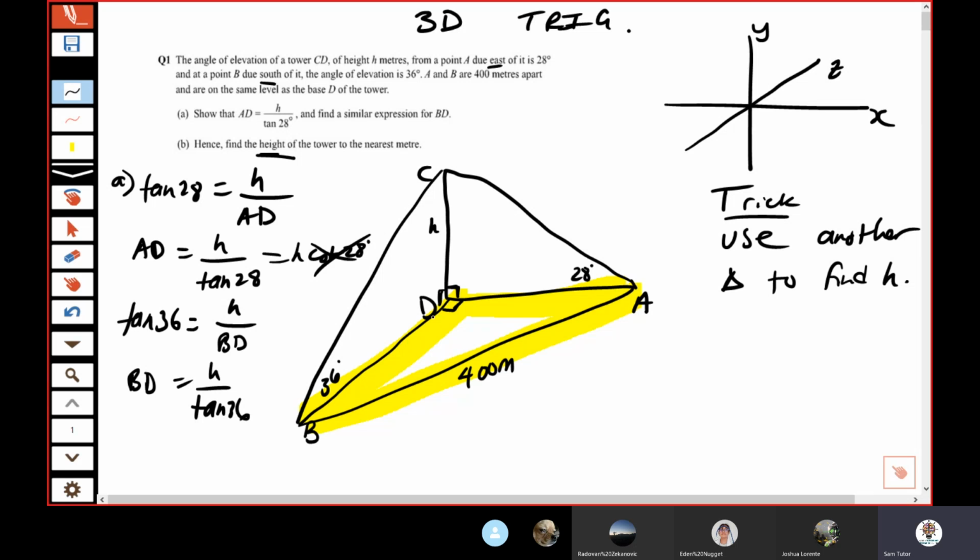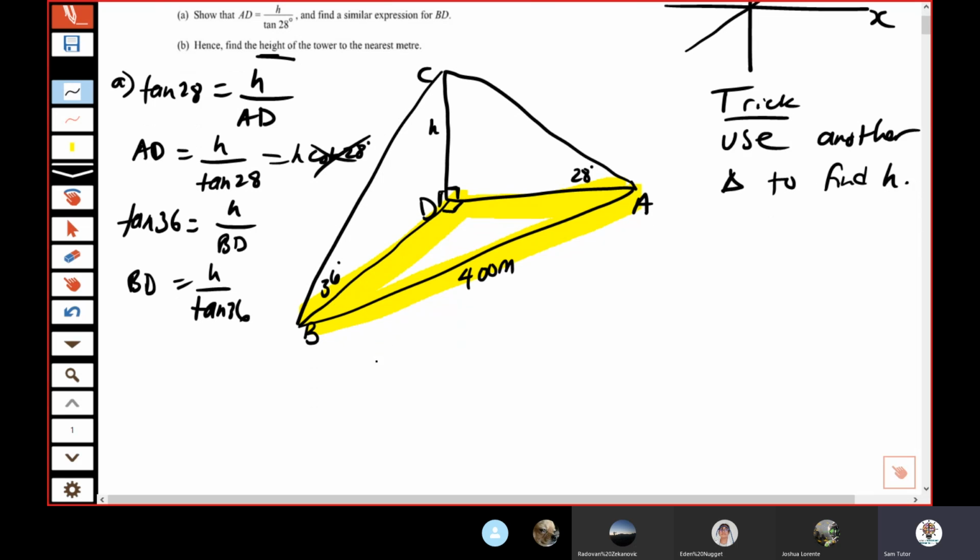First we found AD, then we found BD. Then part B says, hence find the height of the tower. The way you will find the height of the tower is by using this yellow triangle. What you're going to use is Pythagoras' theorem.